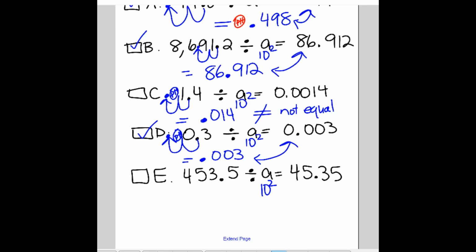So starting between the 3 and the 5, let's move the decimal point 1, 2 places over. So now if we rewrite our answer, the decimal point would be between the 4 and the 5, and then it would have the 3, 5 after. Does that look like what we needed in our answer? No, it does not, because that answer has the decimal point between the 5 and the 3 instead of between the 4 and the 5. So not equal.